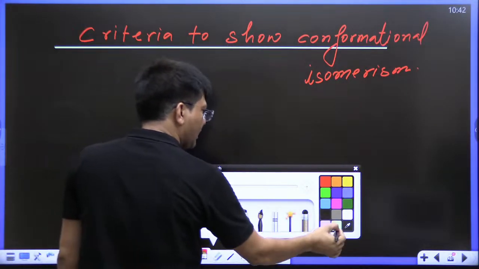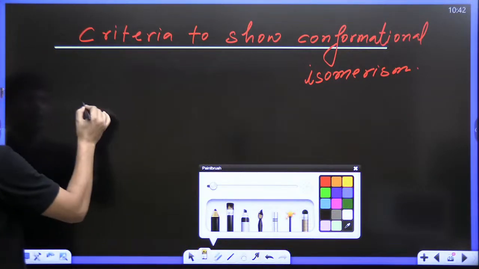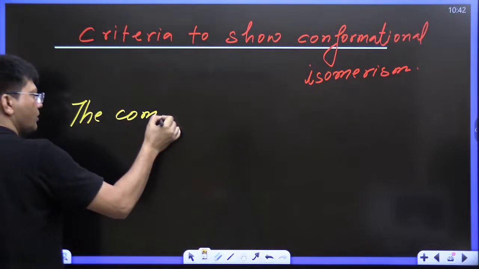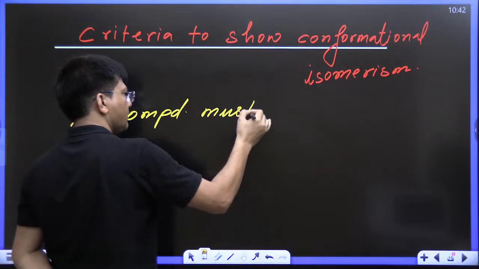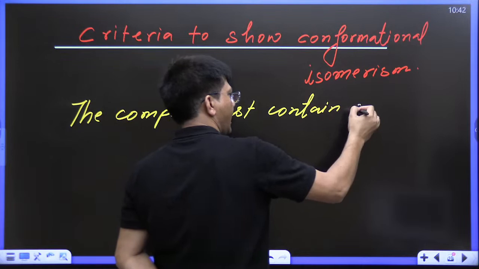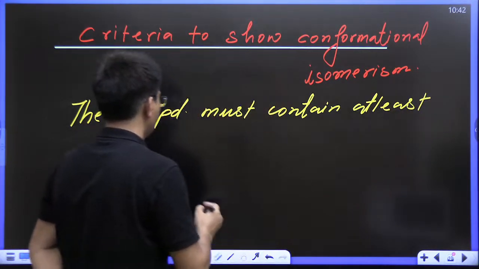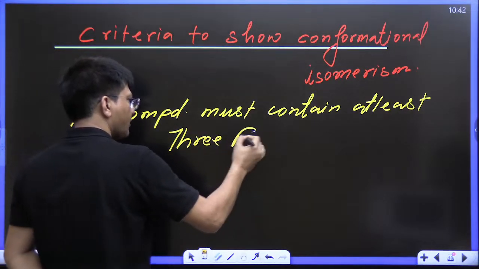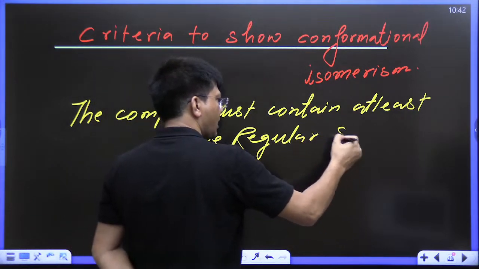Kids, the only criteria to show conformational isomerism is the compound must contain at least three regular sigma bonds.